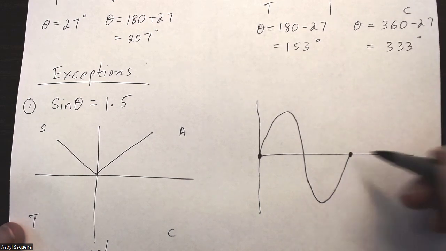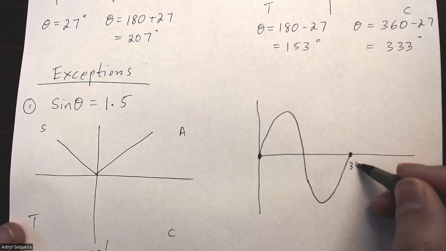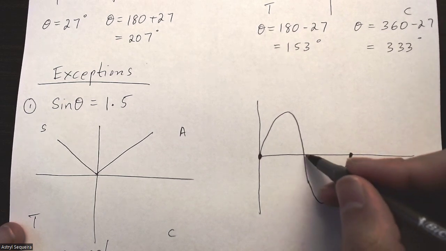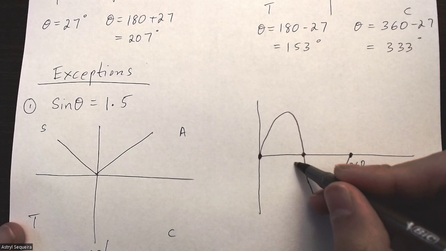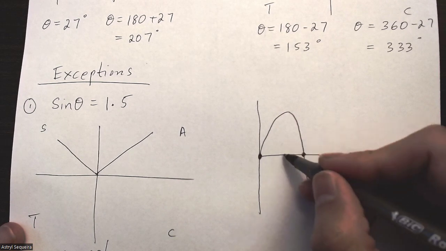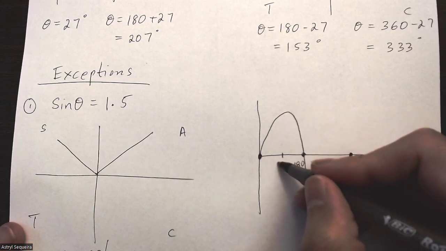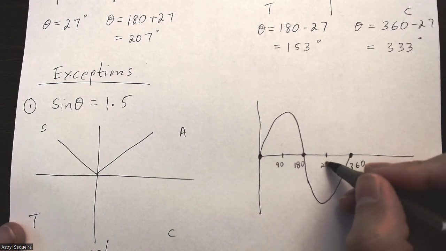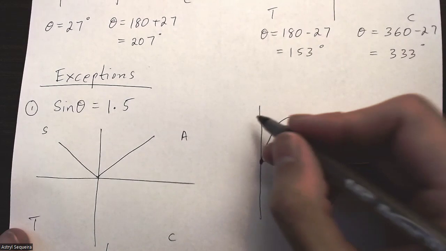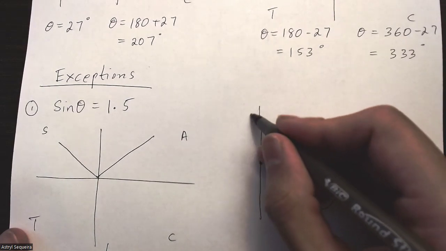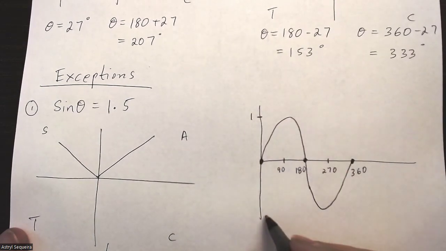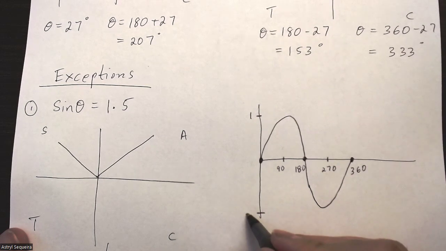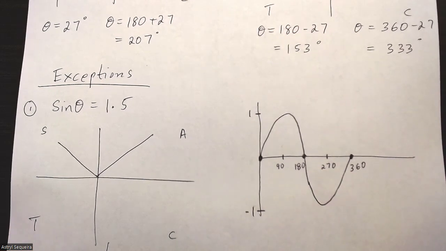But like I said, I'm only going to draw it between 0 and 360 degrees. If that's 360, this is 180. The maximum over here is at 90 degrees, and the minimum over here is at 270 degrees. The maximum y value is positive 1 up here, and the minimum y value is negative 1.